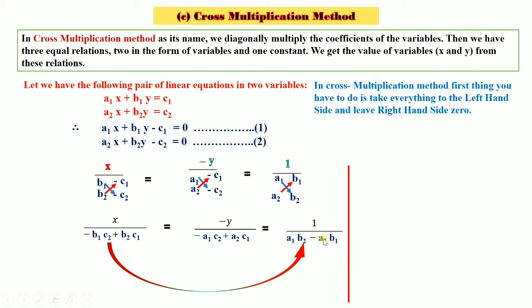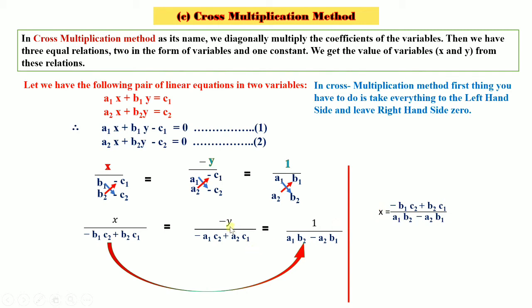We will be making these two equal. So from here we get x equals, by cross multiplication, 1 into minus b1 c2 plus b2 c1, that will come to the numerator here. Minus b1 c2 plus b2 c1, and the denominator is this one, 1 upon a1 b2 minus a2 b1. Clear? So from these two we got the value of x, and this is the final solution for variable x.